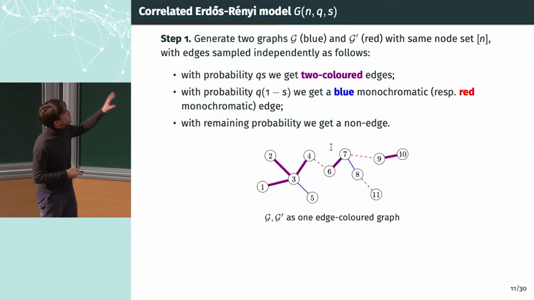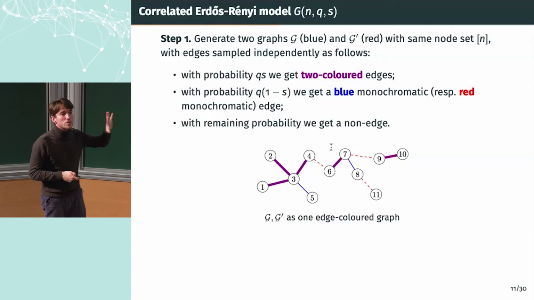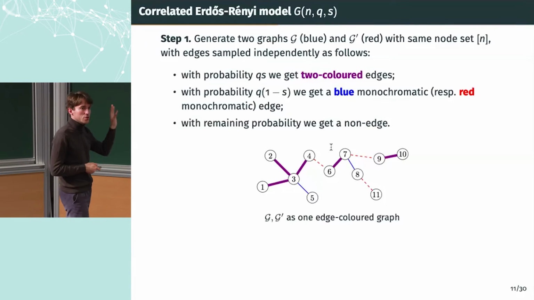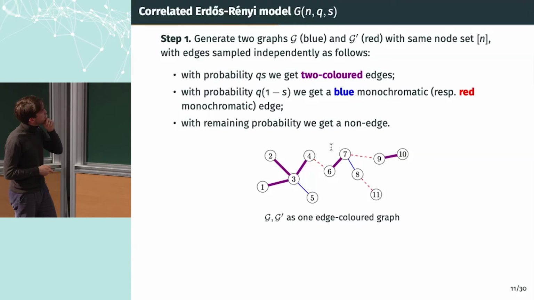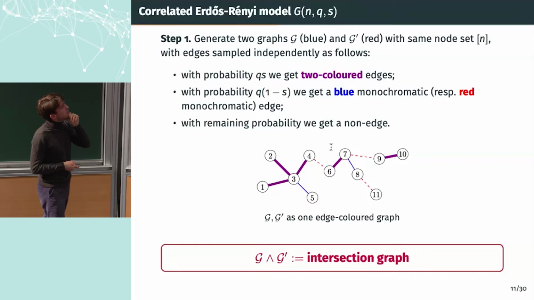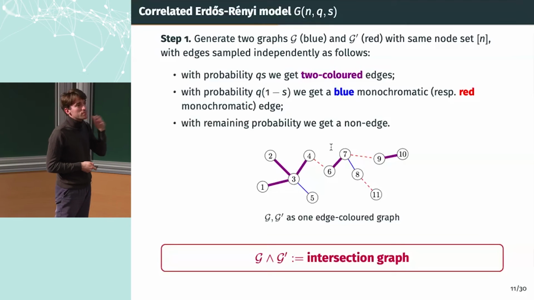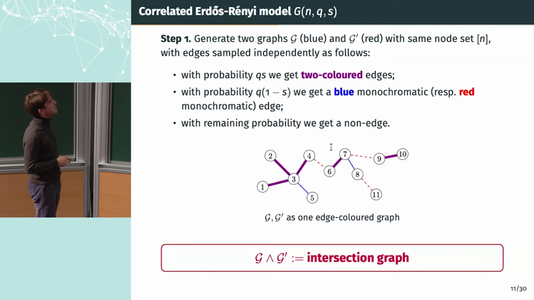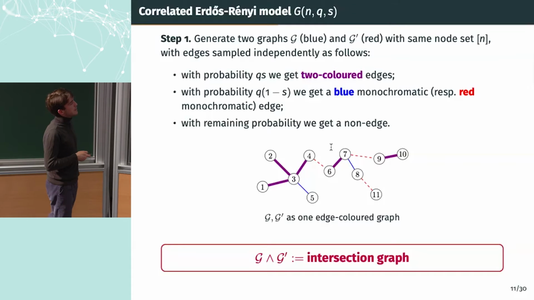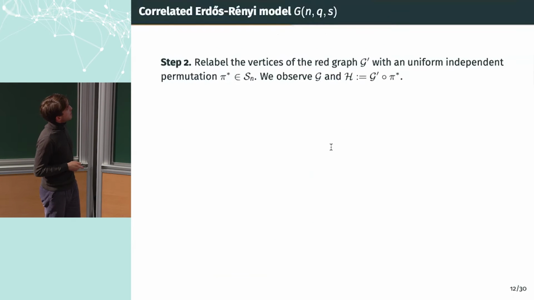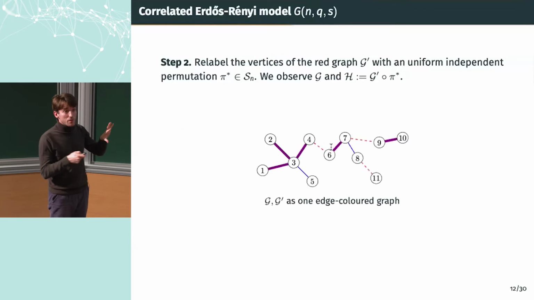Okay, you have a substantial part of the graph which is an intersection between G and G prime. G inter G prime is denoted like that, the intersection graph. And then second step, I will take my two graphs separately.